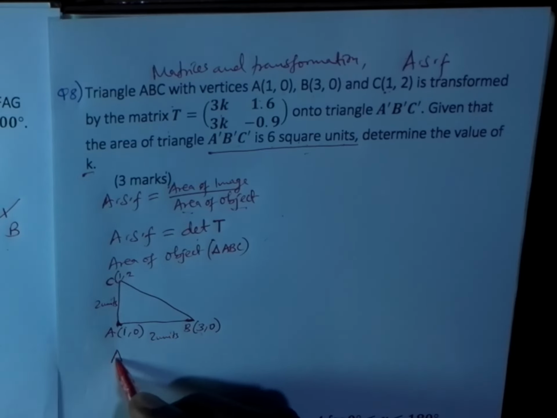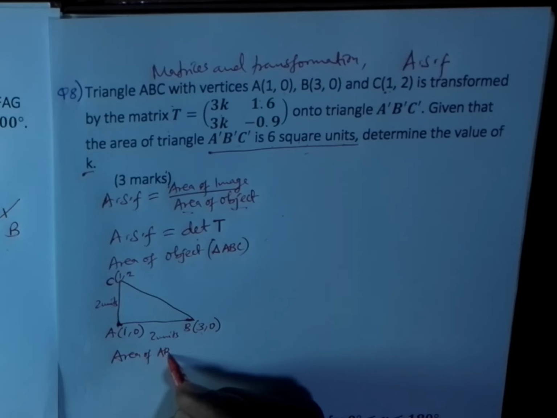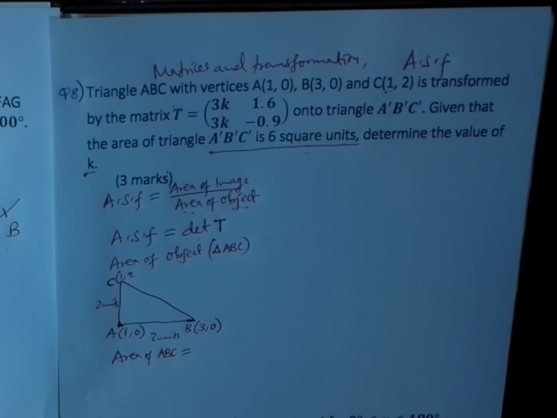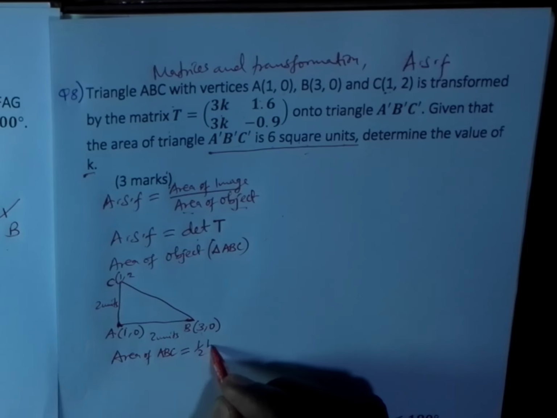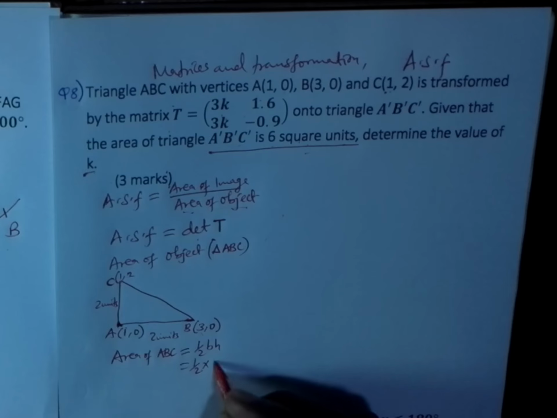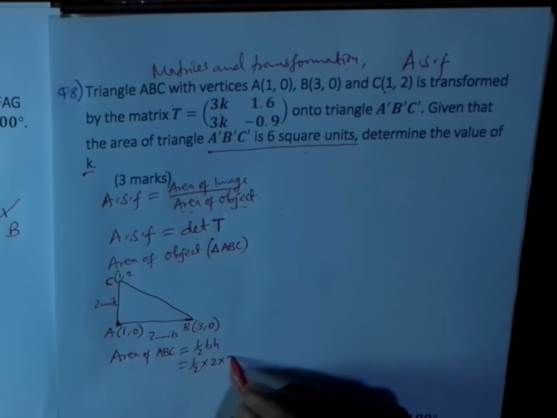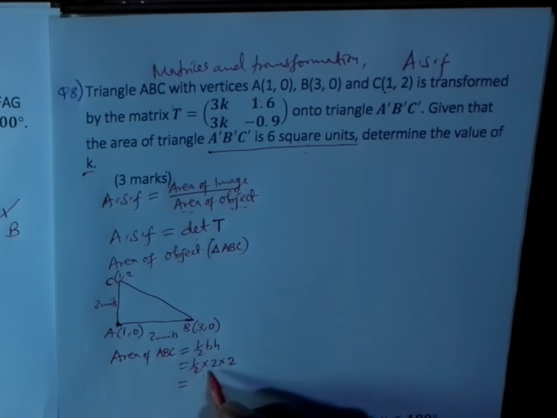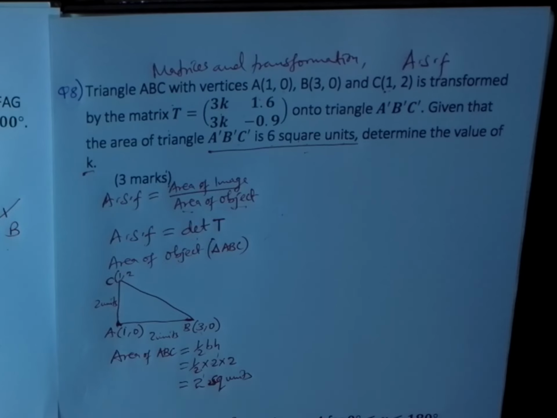So we can get the area of ABC, that is the object, which is a half base times height. So that's a half, base is 2 units, times height is 2 units. So we get 2 square units.